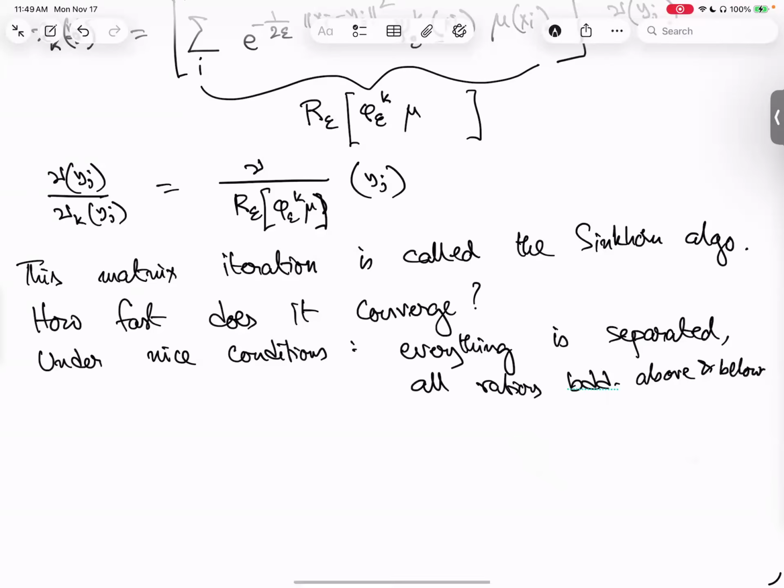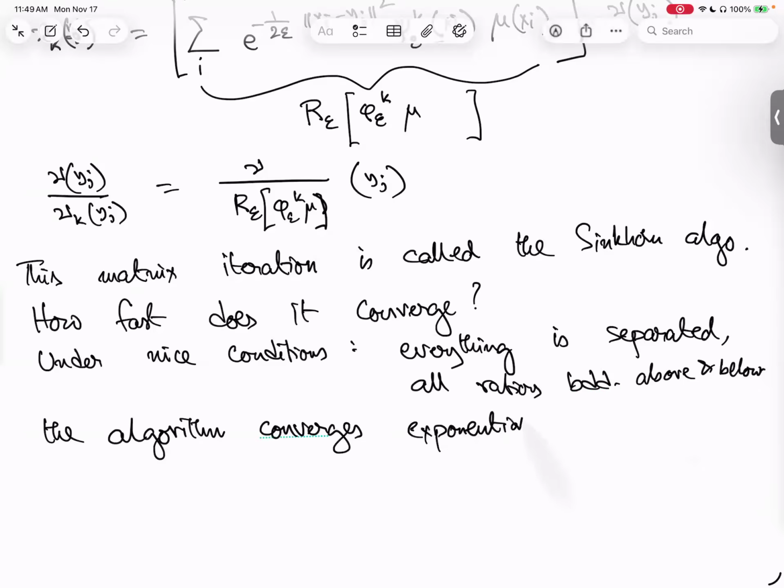So all the pairwise costs, for example, have to be bounded above and below. Then this is known to converge exponentially fast.